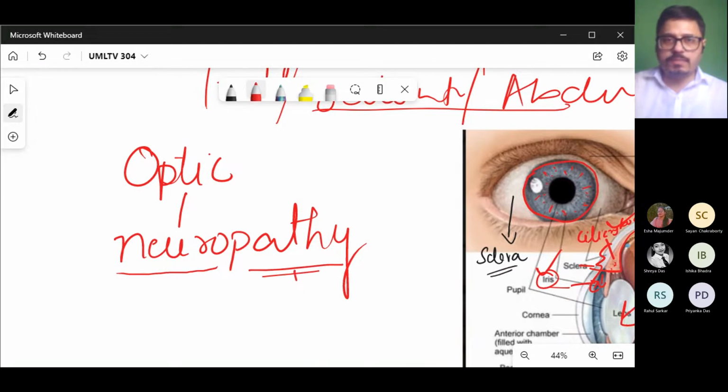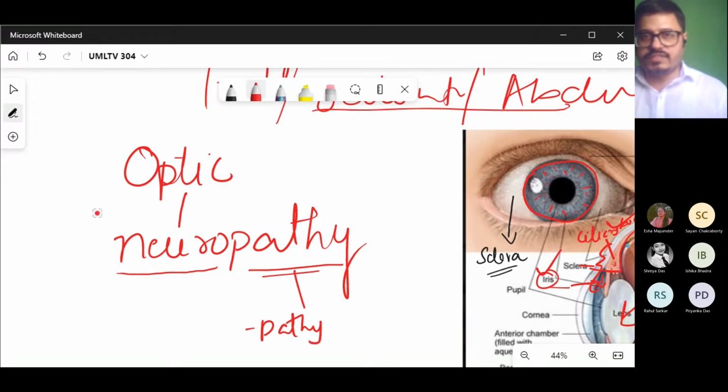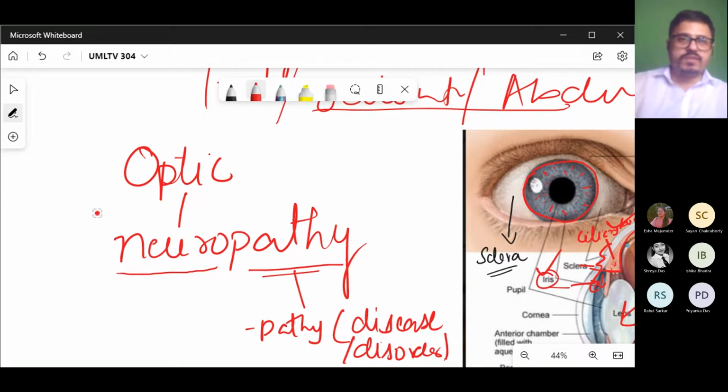Pathy means what? Pathy is the suffix, and it means disease or disorder, right? And for this part, optic neuro, though I have written the word optic on the top, it ideally should have been written on the side.